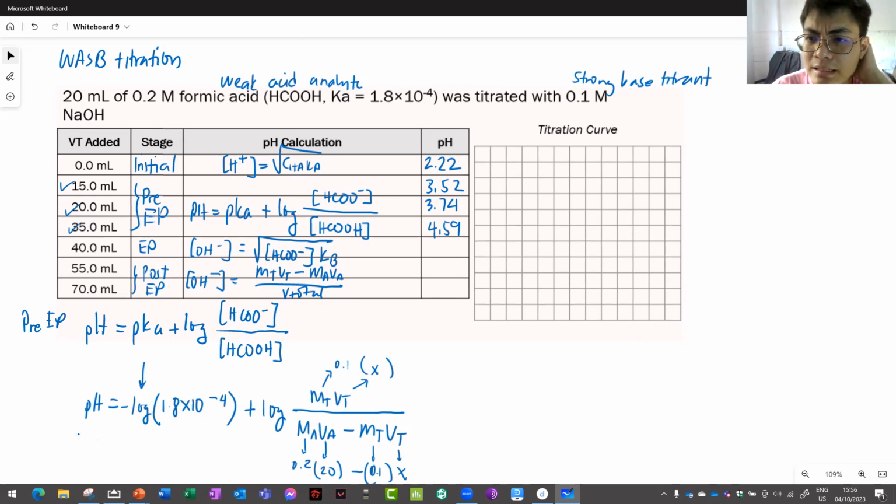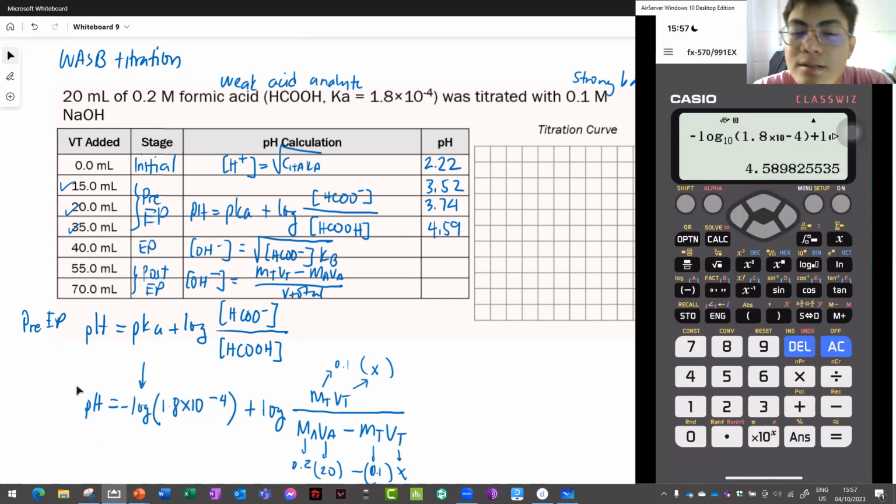Now, I want you to notice something cool dito. Okay. So, kunin nga natin yung pKa. So, pKa lang. Solve natin yung pKa. Di ba pKa is negative log of Ka. So, 1.8 times 10 raised to negative 4. Negative log. Ayan.